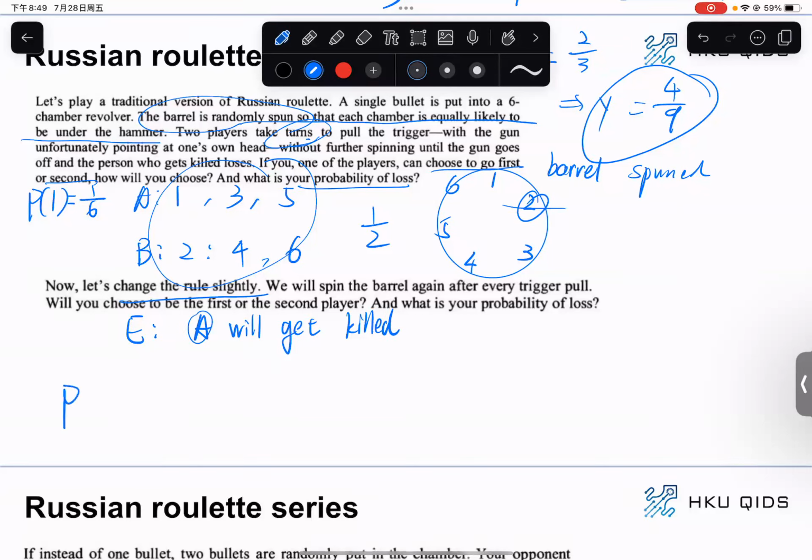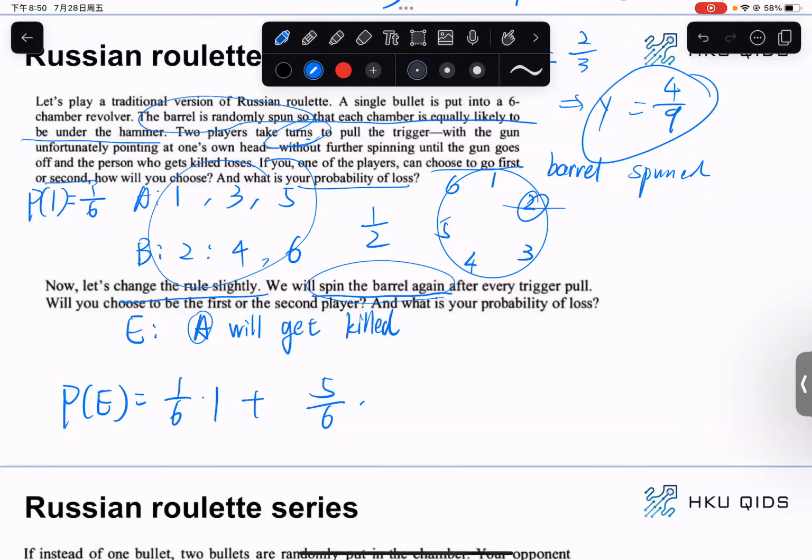Then this probability E is going to be 1/6 for the first trigger, where A has already got killed because the bullet is at the first position, so this is multiplied by 1, the probability of getting killed. Plus there is a 5/6 probability to start a new game, because each time we spin the barrel again, which means basically the game becomes new.